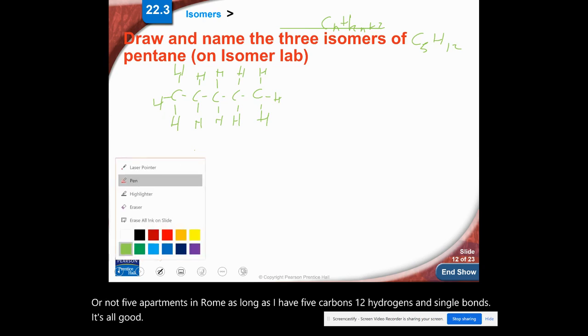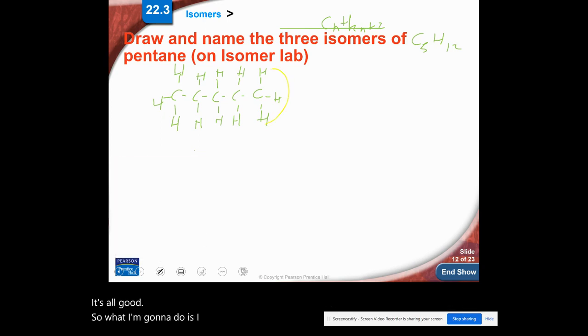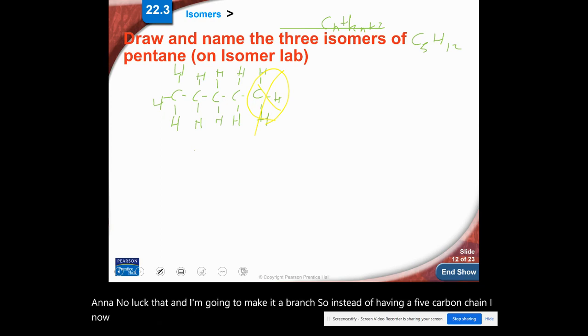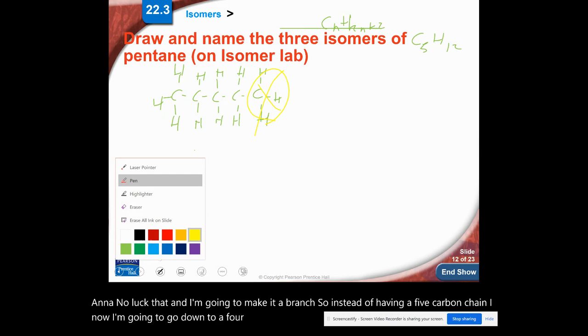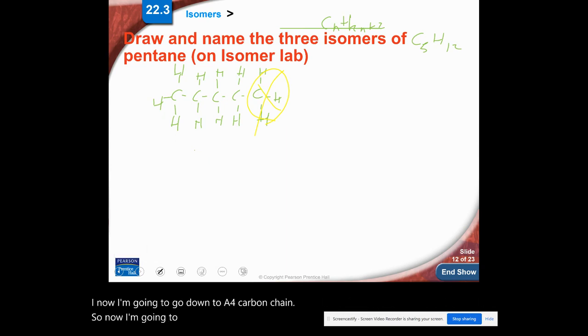So what I'm going to do is take this one off of the end, pluck that off, and make it a branch. So instead of having a 5-carbon chain, I now am going to go down to a 4-carbon chain. So 1, 2, 3, 4.